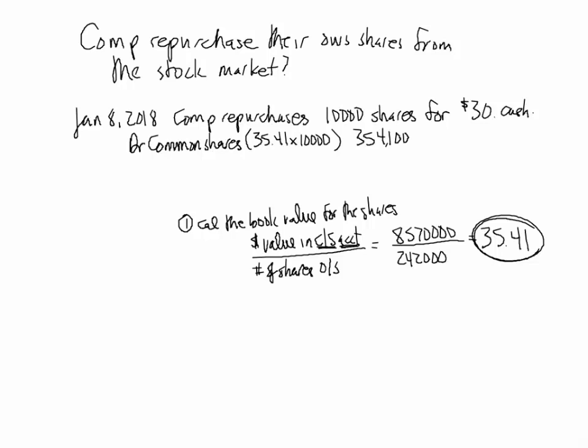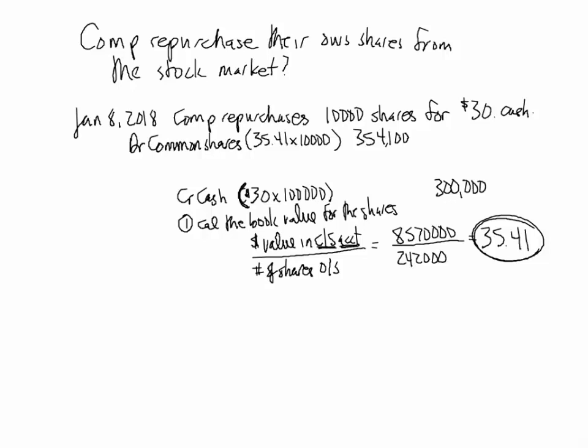Okay, so this is what they are willing to give up, $354,100. What are they getting in return? Well, they're getting cash. How much cash? $30 times the 10,000, so $300,000. They were willing to give up their shares worth $354,100 for only $300,000.